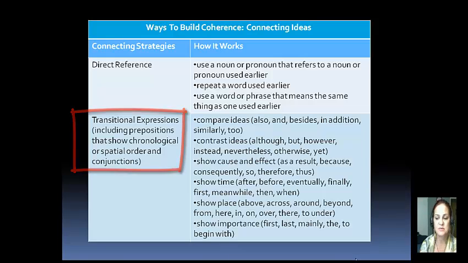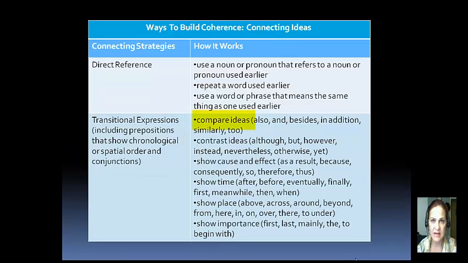And this is really important, because you have transitions to compare ideas, transitions to contrast ideas, and transitions to show cause and effect, to show place, and to show importance. So pause this video and get these down. Really important, and these will be excellent tools to help you in your writing.